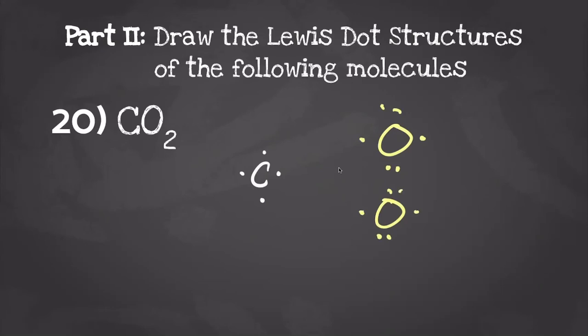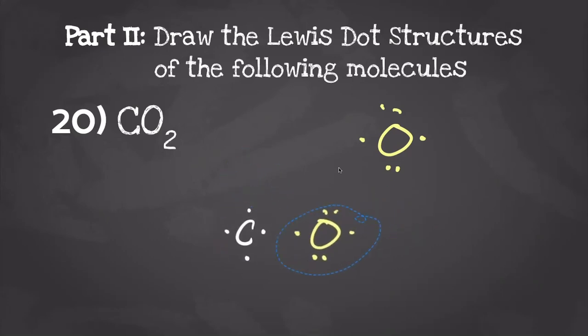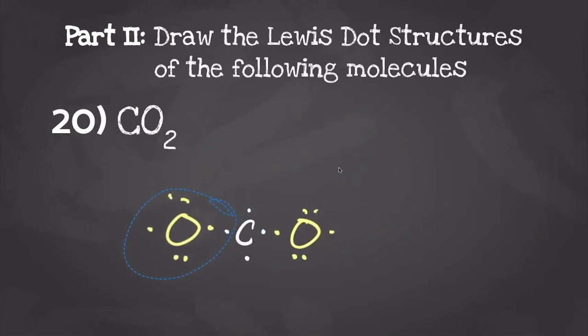For me, the easiest way to put these together is to have carbon as my center, and then have 1 oxygen on each side. By doing this, we can see what next steps we need to make. Carbon is going to have 6 electrons.